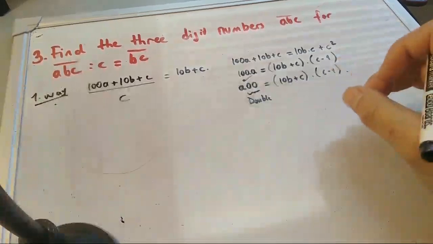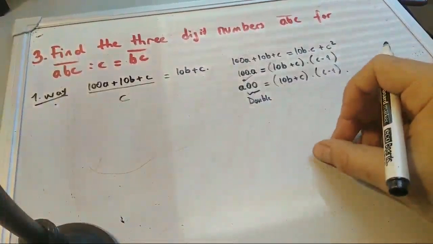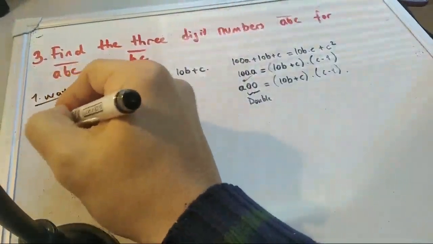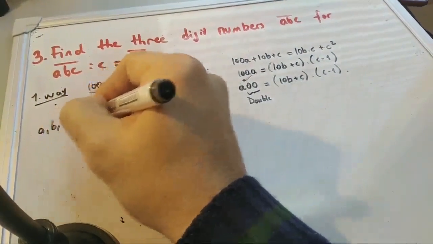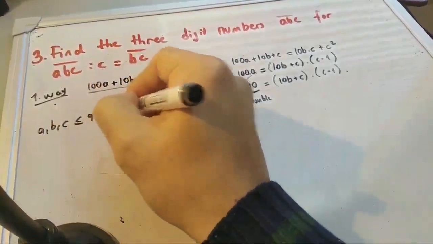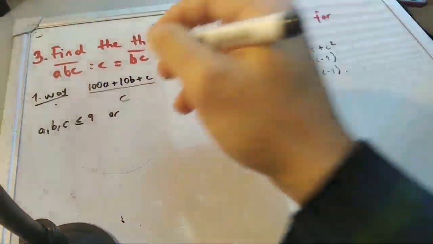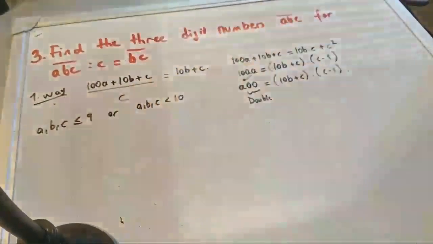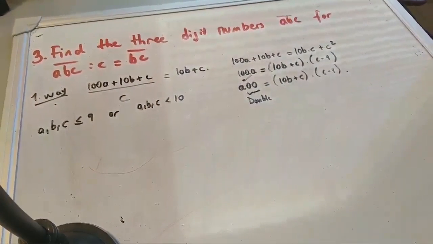Because A, B, and C must be less than 10, right? Bravo. So A, B, C less than or equal to 9. Yes, A, B, C is less than 10, a digit. You're right, thank you.